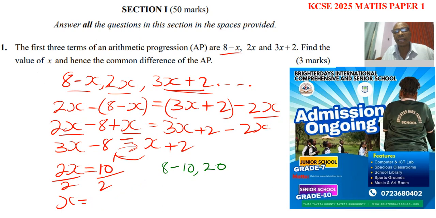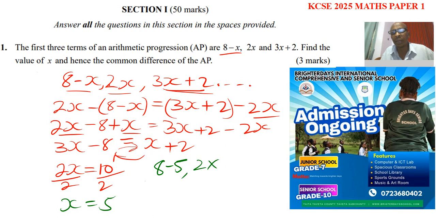Let's correct that. When you divide by 2, you get x is equal to 5. Very important to note that.